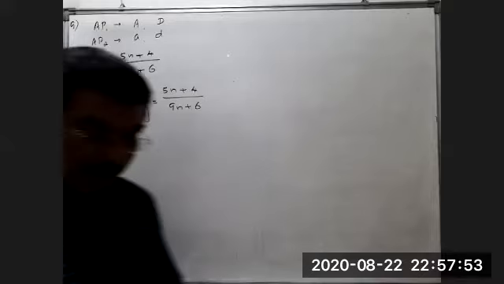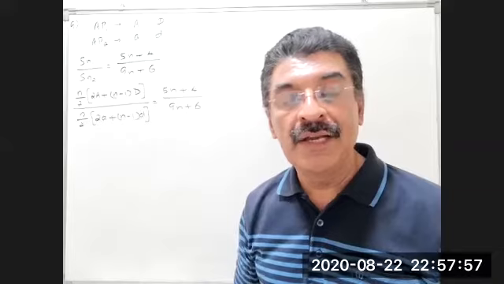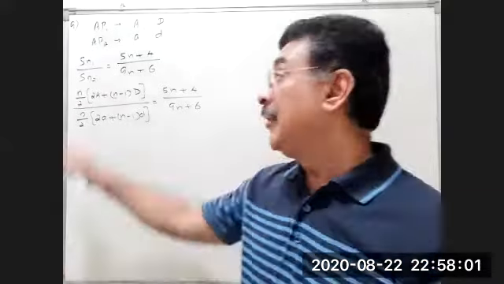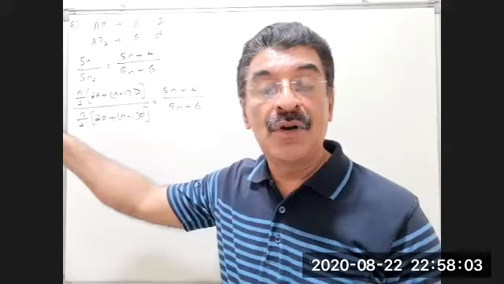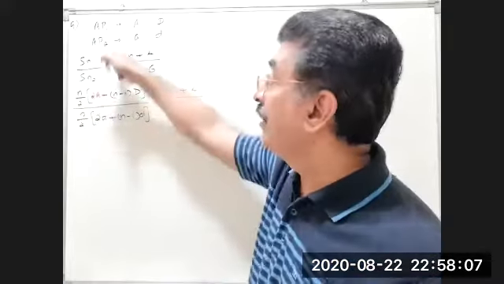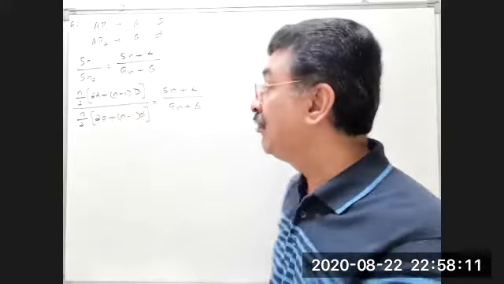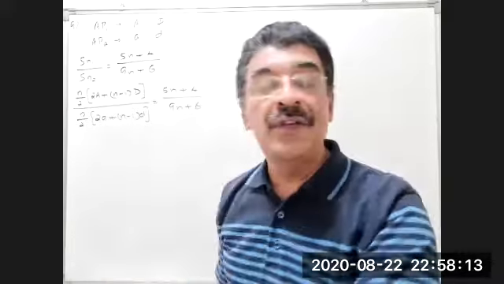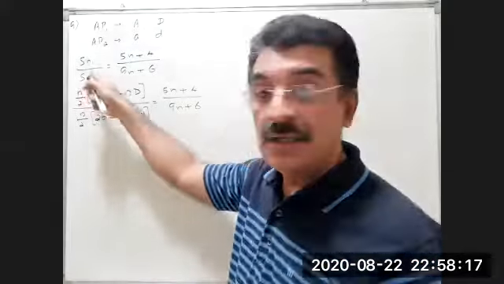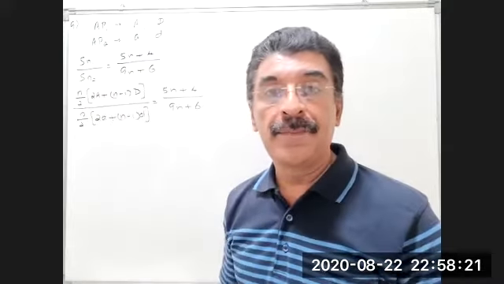In the numerator we use capital A and capital D, whereas in the denominator we use small a and small d. Why? Because the numerator is the sum of n terms of AP1, for which we took the first term as capital A and common difference as capital D. That is why in that formula we use capital A and capital D, whereas the denominator is of AP2, so small a and small d.